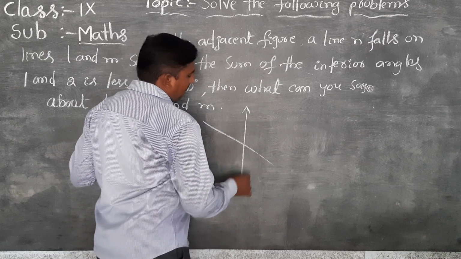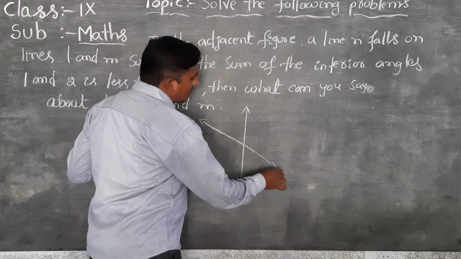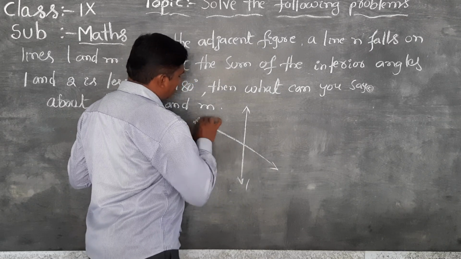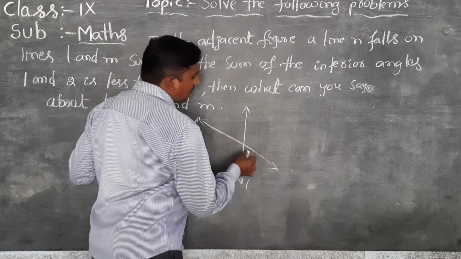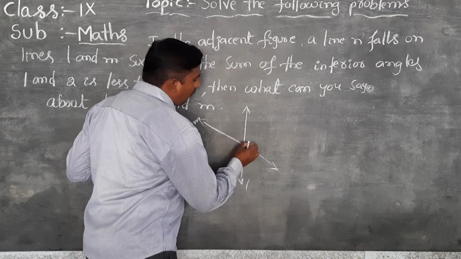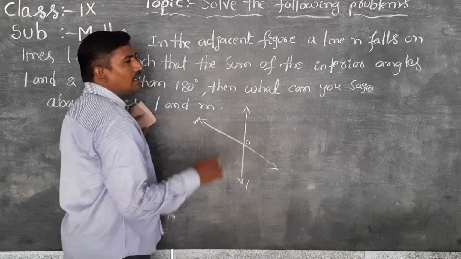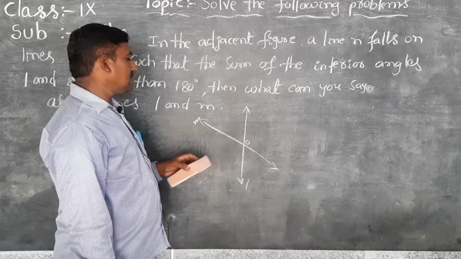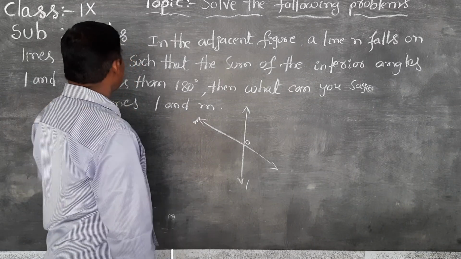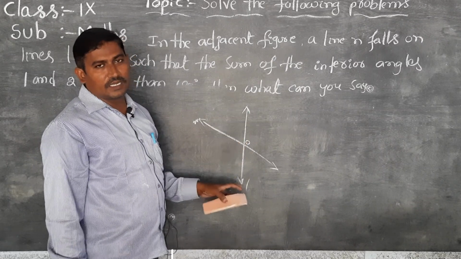This is L, this is M. L goes like this, M goes like this, both are intersected at O. So how many intersecting points are forming? Only one intersecting point. So these two lines are called intersecting lines.